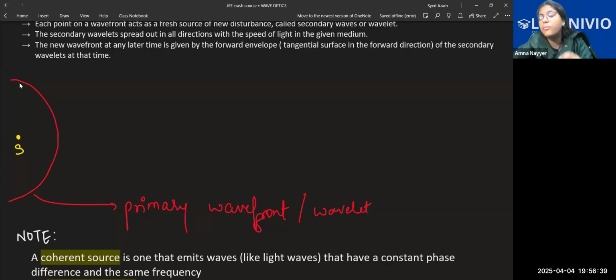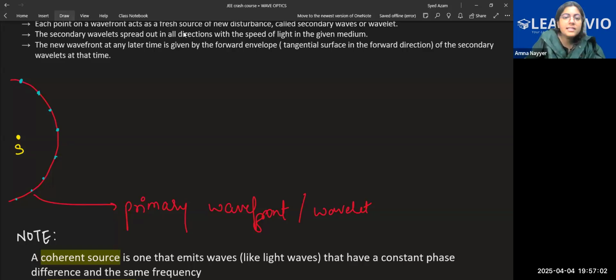These are a collection of points. If I show you one point here, all the points are continuously in contact with each other. Just for the drawing purpose, I'm showing them at a separation. They all are together, like how a wave is formed. This is your wave optics. So we are focusing on waves, not on the particle nature. So this is how the waves are formed.